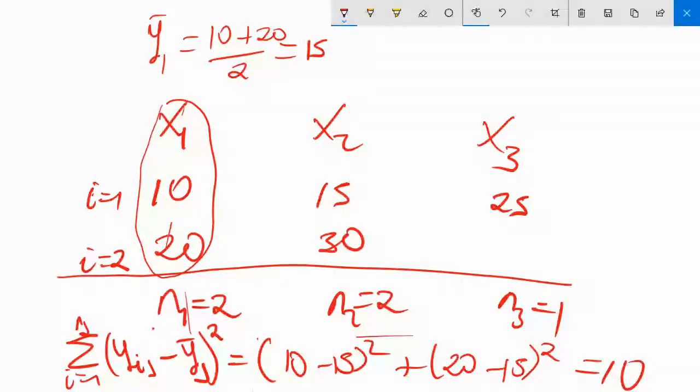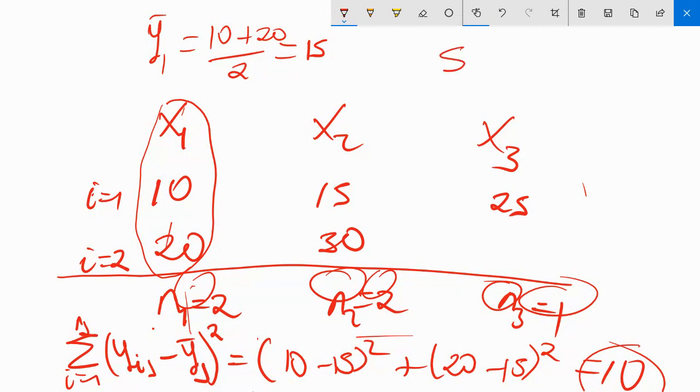We do the same with this. So this one is per column: we're going to find the sum of the deviations per column, or per x level. Then you will find those values there. And when we have them, we sum them. Here we have 10, and we sum it with these two values.